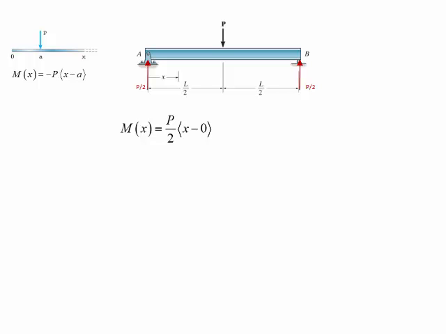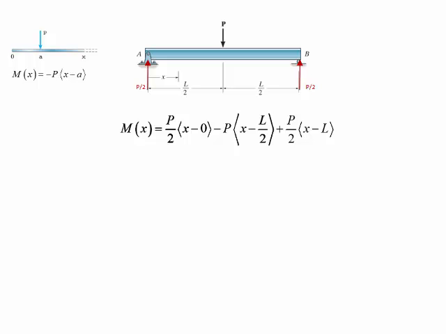We proceed to the right and we find the concentrated load P going downwards and acting at midspan. So we would have minus P, the magnitude of the load, times the Macaulay function of the x coordinate minus the coordinate where it's acting, which is L over 2. And finally we have the reaction at the right support B. So we would have plus, because the load is going upwards, the magnitude P over 2, and then the Macaulay function of x minus L.